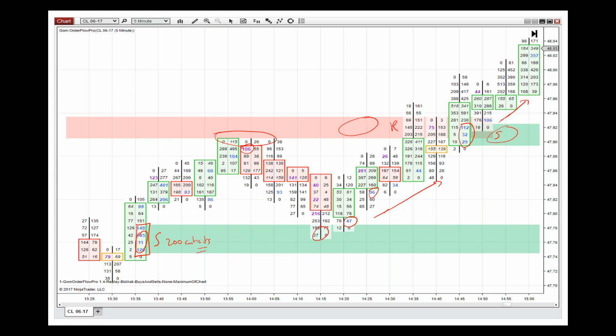There are also different settings to define when they disappear. It can be when the POC, the maximum volume, crosses over them. It can be when the full candle crosses over them. There are different settings to define when your zone is invalidated.